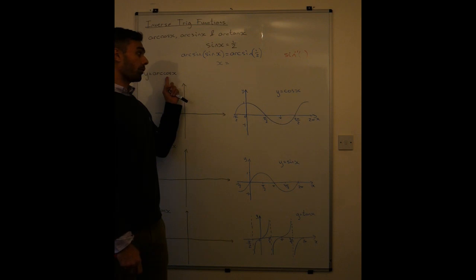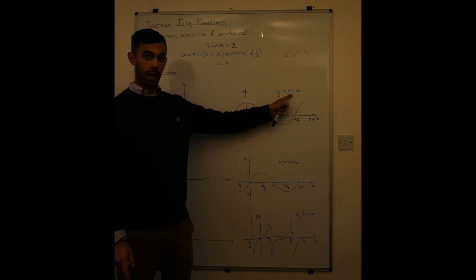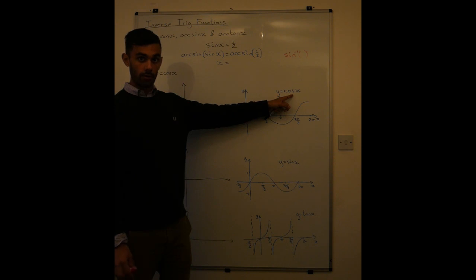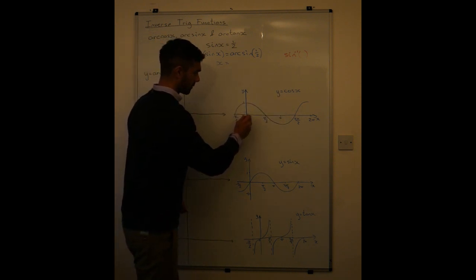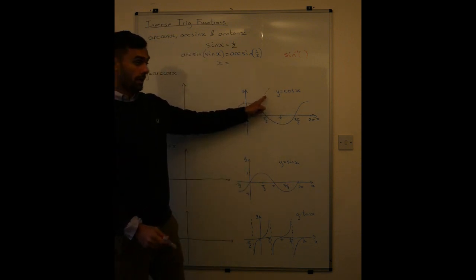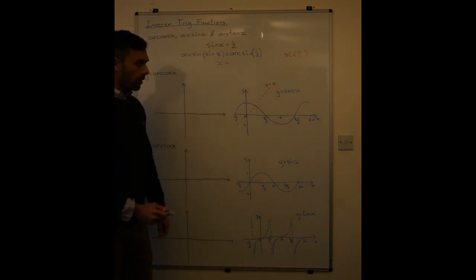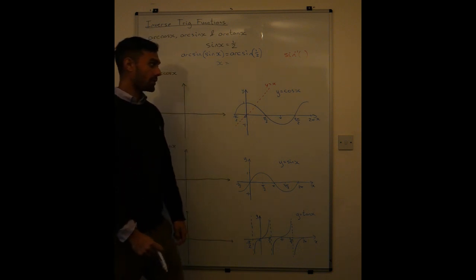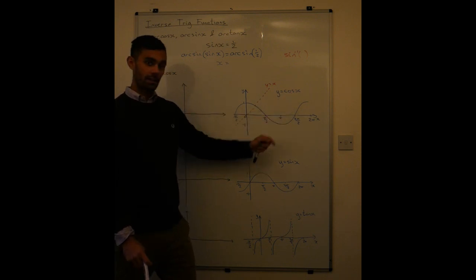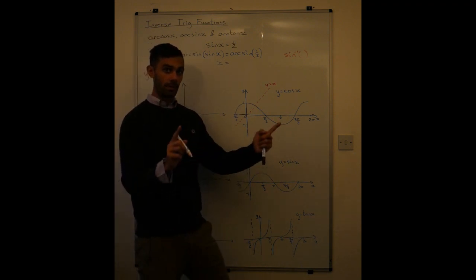Firstly, to sketch arccos. Well, arccos is the inverse of cos, and you can sketch any inverse by reflecting the original in the line y equals x. So if I reflect this blue line in the line y equals x, I'm going to get arccos. But there's another issue here, which is the type of function cos is. Cos is actually a many-to-one function, i.e. there are many x values mapping to one y.